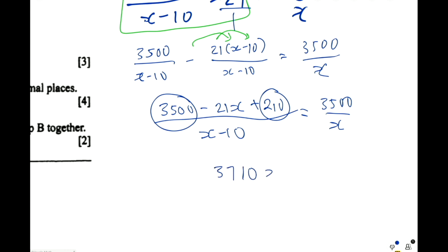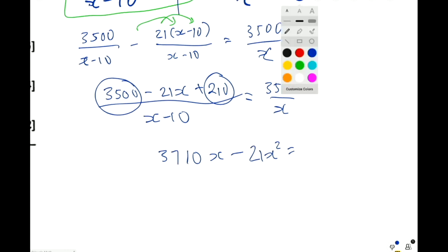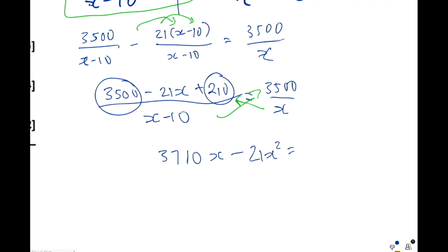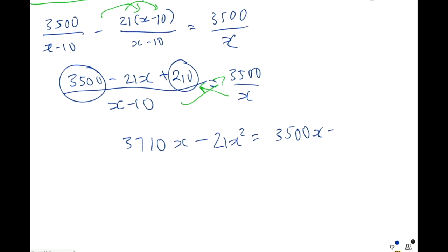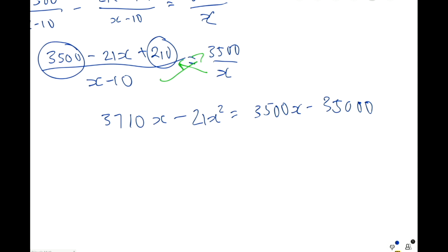So we gotta multiply with x minus 21x squared equals to cross multiply. So this one times here, this one times here. Alright, so 3500 times x minus 10, yeah, so 3500x minus 35000.